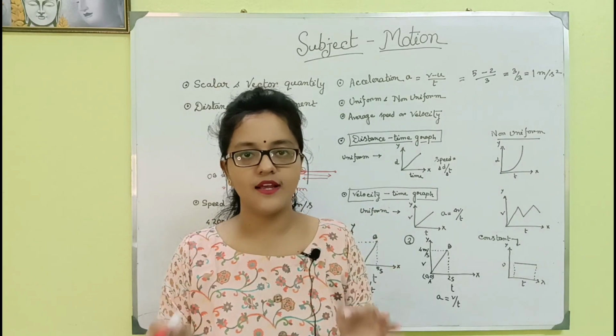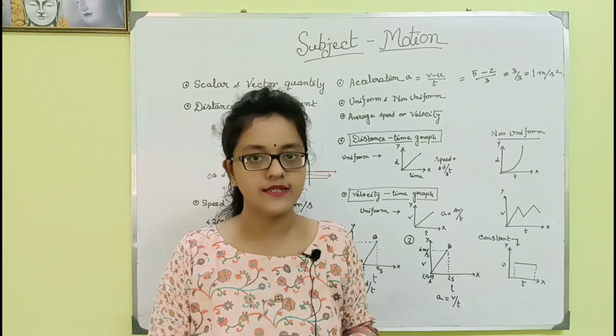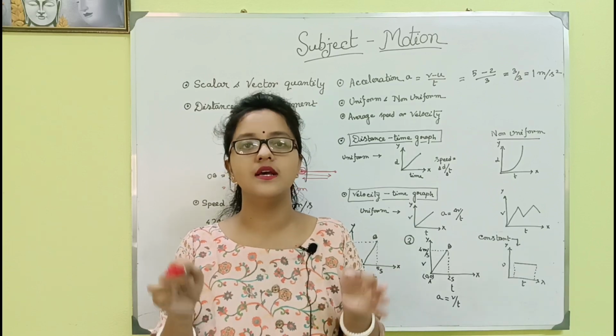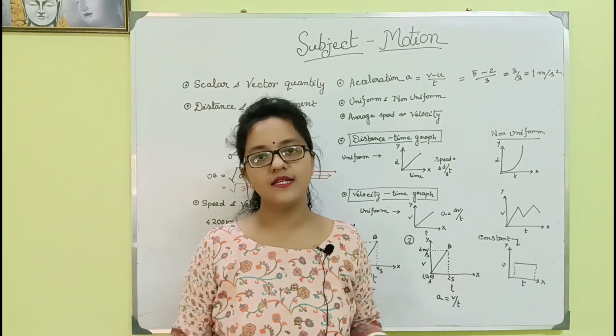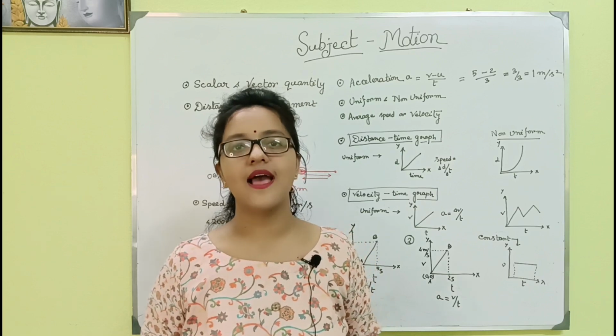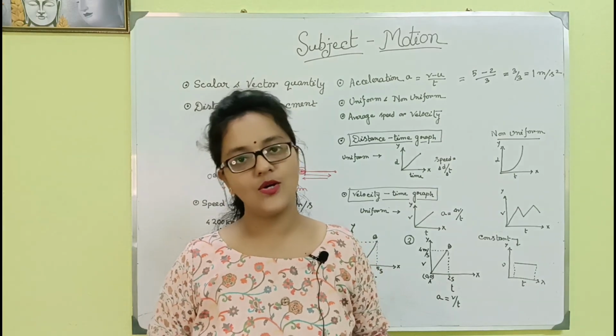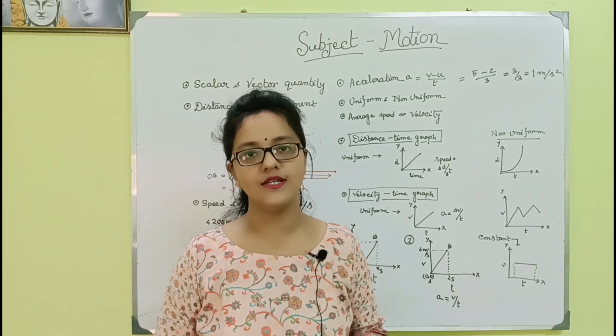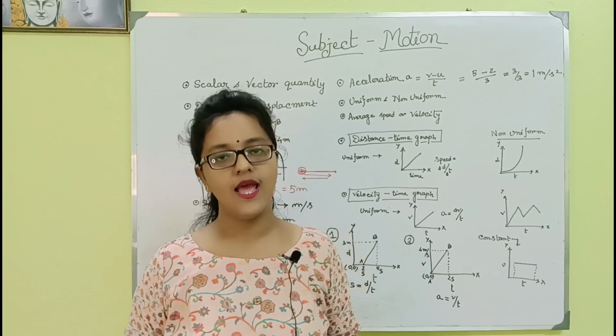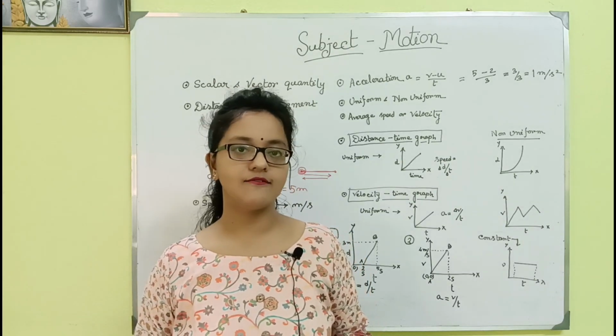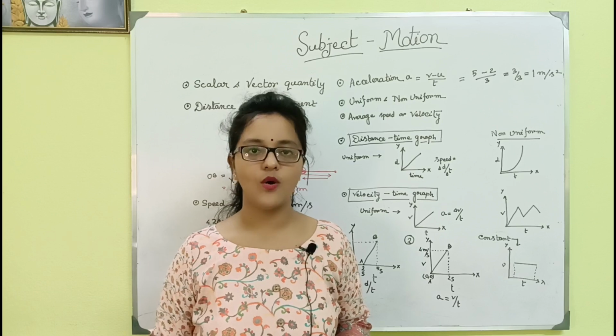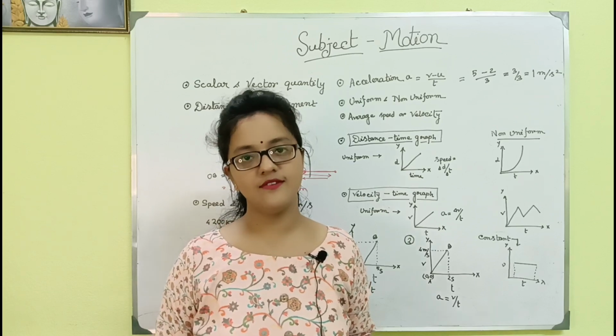When v is greater than u, the acceleration is positive. When there is no change, the acceleration is 0. Here I can also say acceleration is a vector quantity, and as it is a vector quantity, it can also be 0, positive, negative.